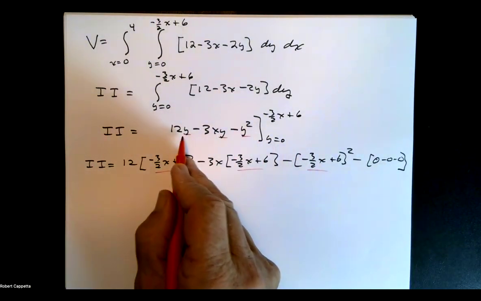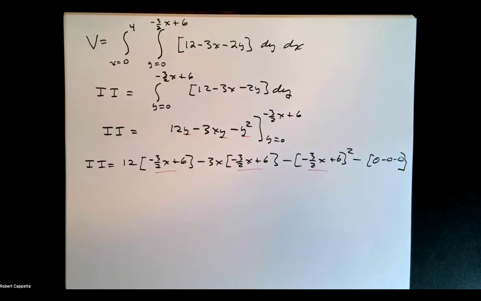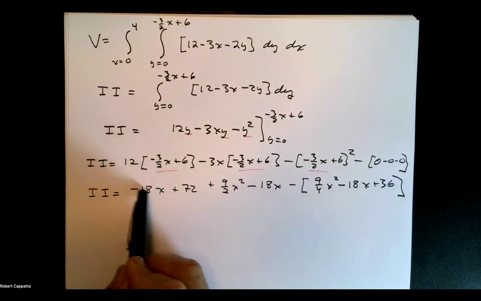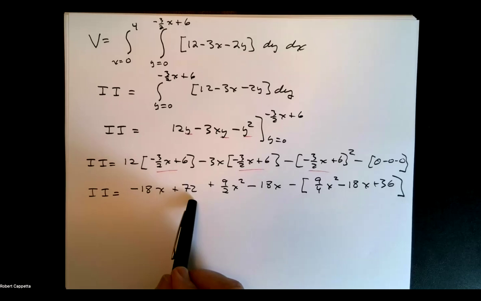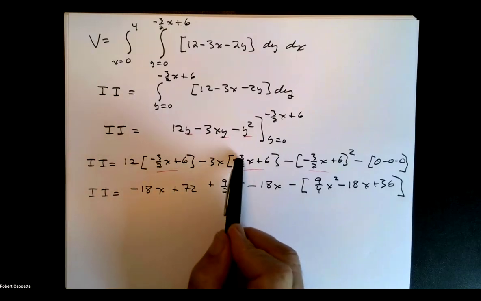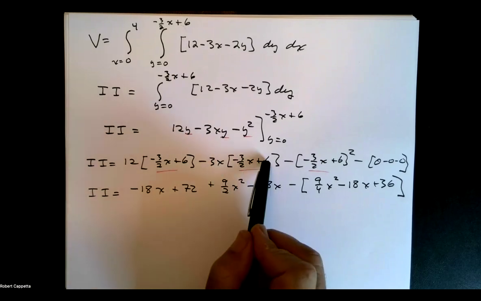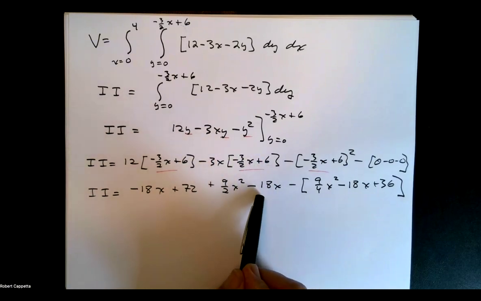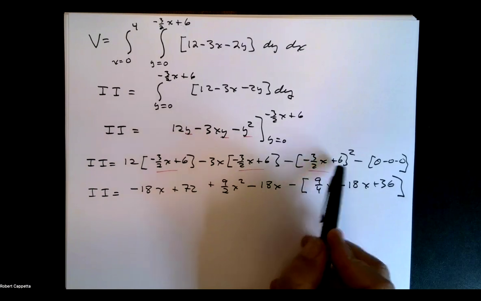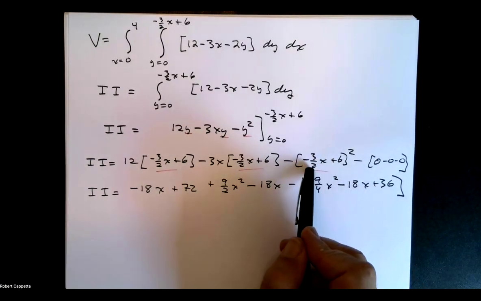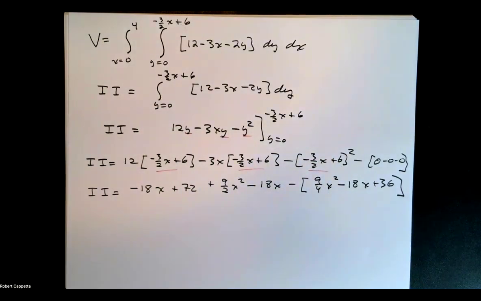With 0, we get 0 minus 0 minus 0, so that's not terribly interesting. Now it's time to simplify the algebra. 12 times negative 3 halves is negative 18x. 12 times 6 is 72. Negative 3x times negative 3 halves x is 9 halves x squared. Negative 3x times 6 is negative 18x. Negative 3 halves x plus 6, squared, gives 9 quarters x squared, 36, and twice the first times the second, negative 18x.